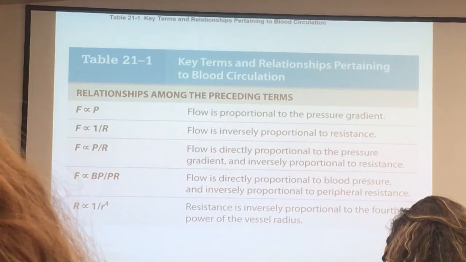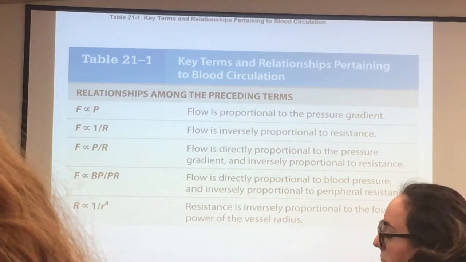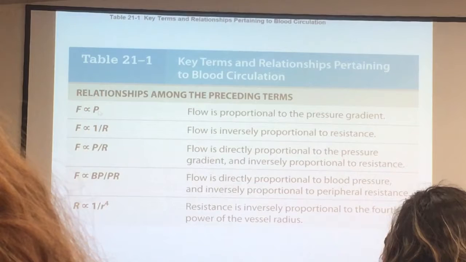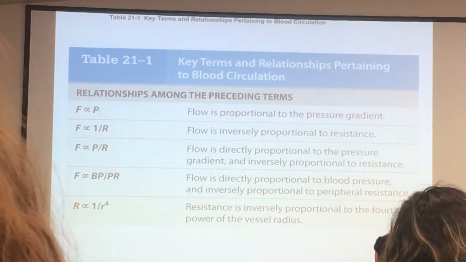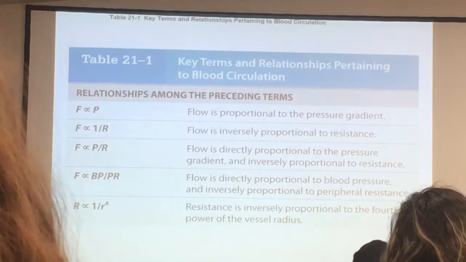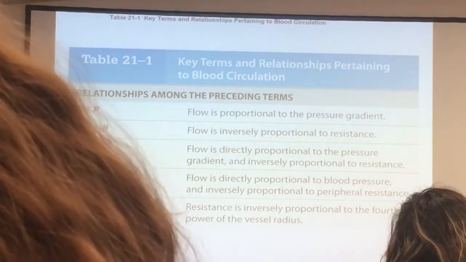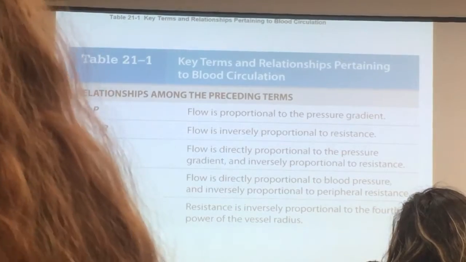Flow is proportional to the pressure. If you have a higher pressure, the flow will increase. Flow is inversely proportional to the resistance. Resistance means something against it, so flow is inversely proportional to that.